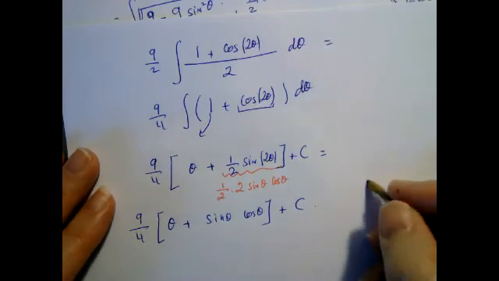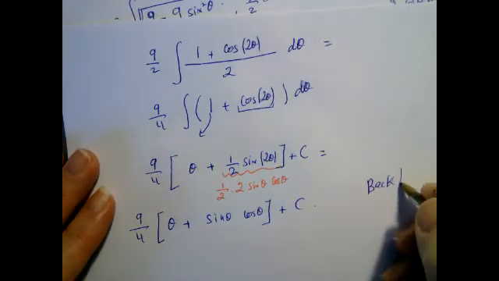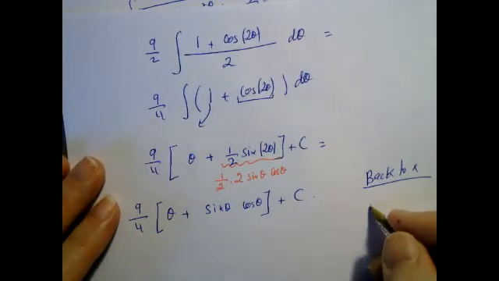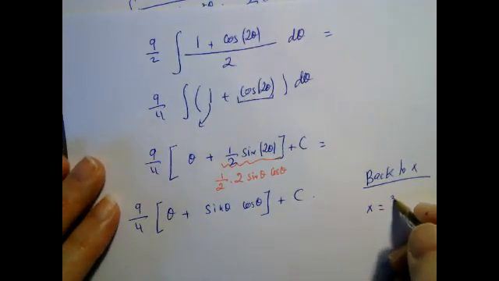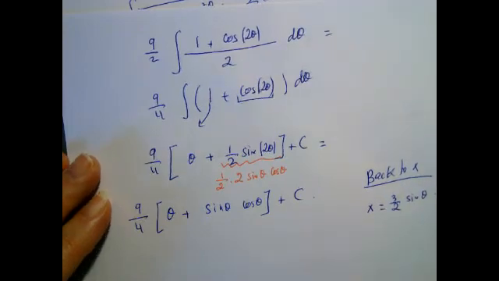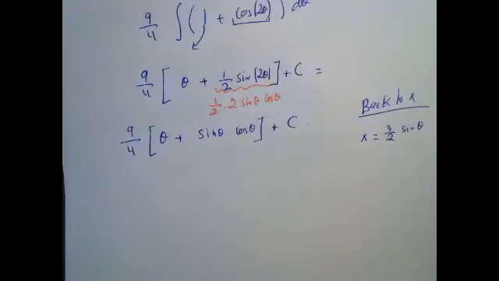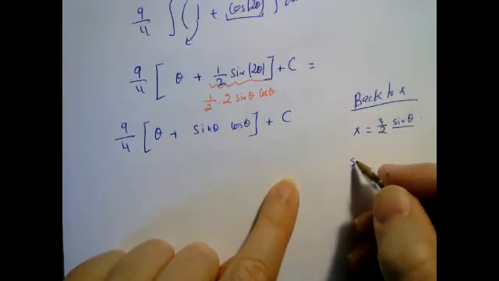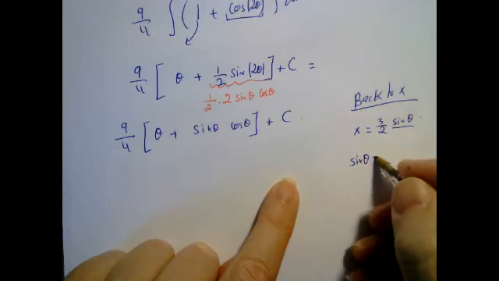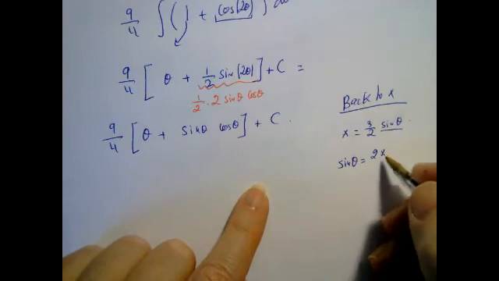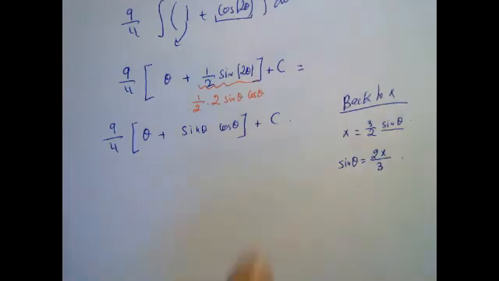Now back to x. To go back to x, I go back to my initial relationship. X is 3/2 sine theta. And I want to find sine theta in terms of x. So sine theta equals, I have to multiply by 2, divide by 3.